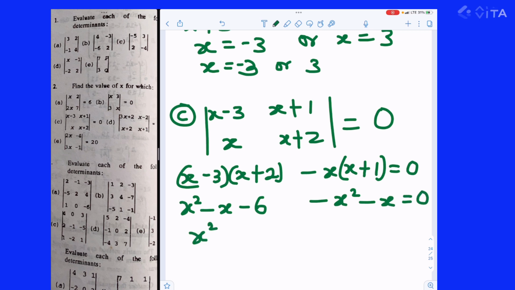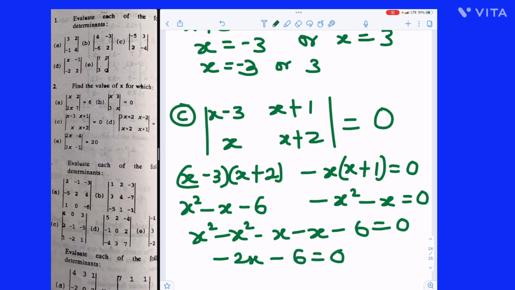That gives you, on rearranging, x squared minus x squared, minus x minus x minus 6 is 0. So that's minus 2x minus 6 is 0. Because this is supposed to cancel out, x squared minus x squared is 0.